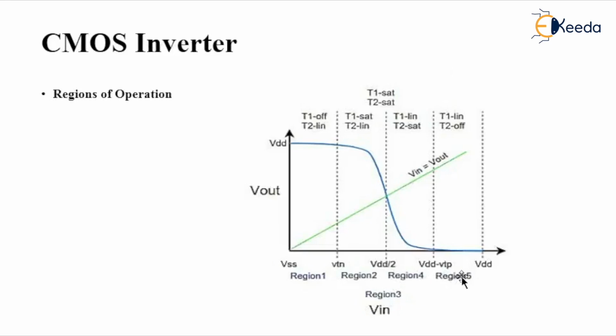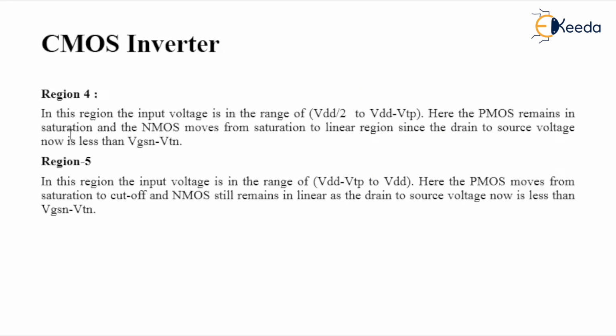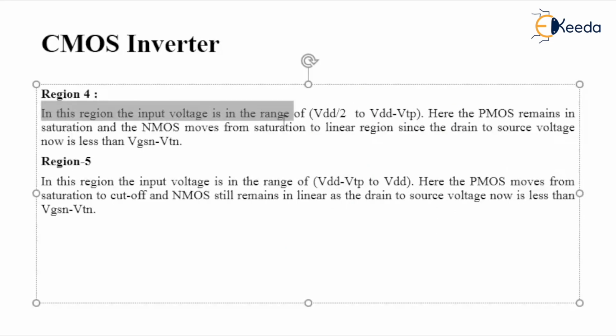So it will be in the converse or reverse order of region 2. In region 2, what happened? T1 is in saturation and T2 is in linear, but here it will be in the opposite direction. So T1 becomes linear and T2 will be in saturation. In region 4, the input voltage is between VDD by 2 and VDD minus VTP.